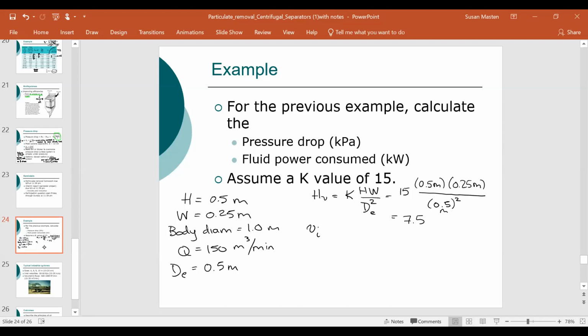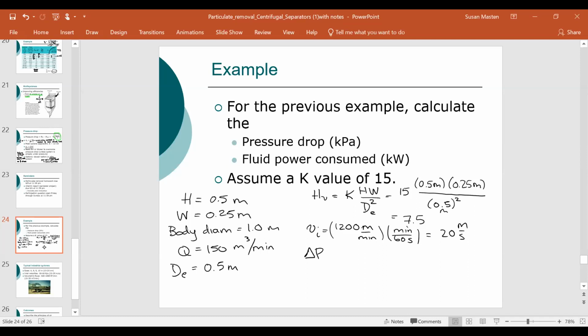V_I, we previously calculated as 1200 meters per minute. We need this in seconds, and that is 20 meters per second.